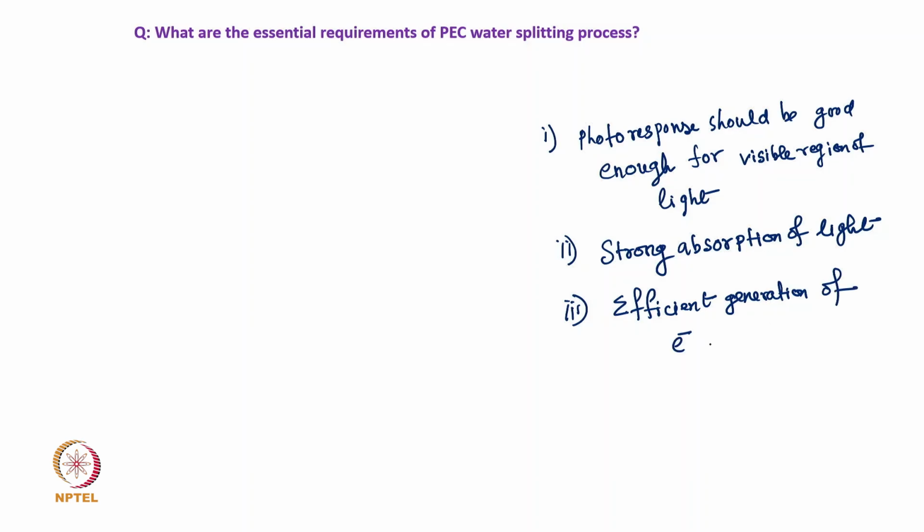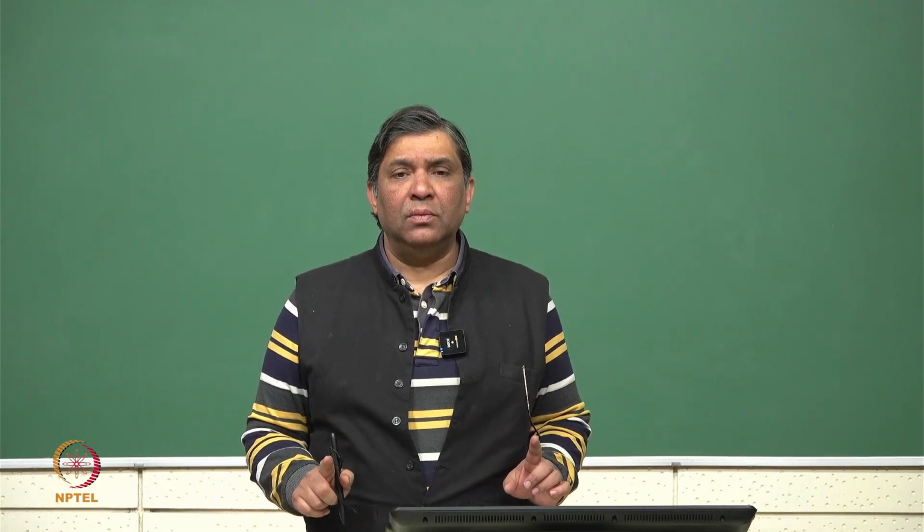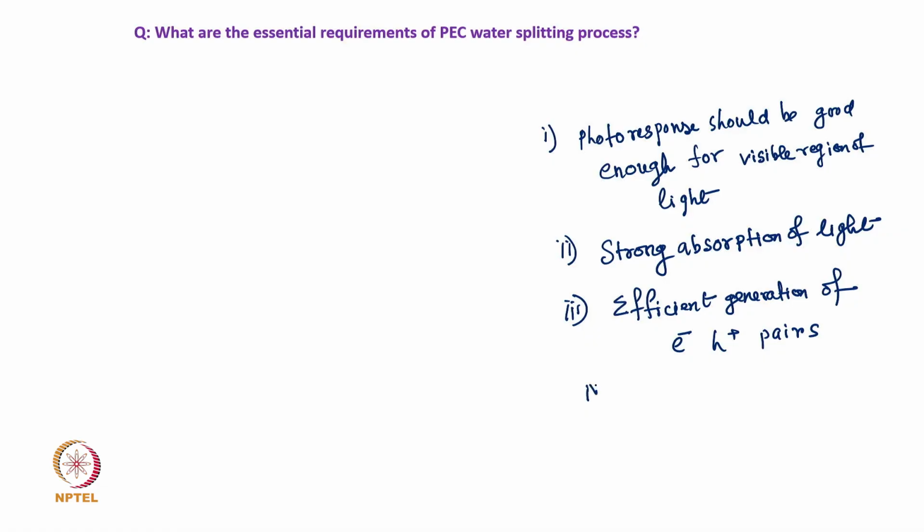And then once these carriers are produced, they should not recombine. So there should be minimum recombination, or recombination should be suppressed, a low recombination rate. This is the fourth condition.